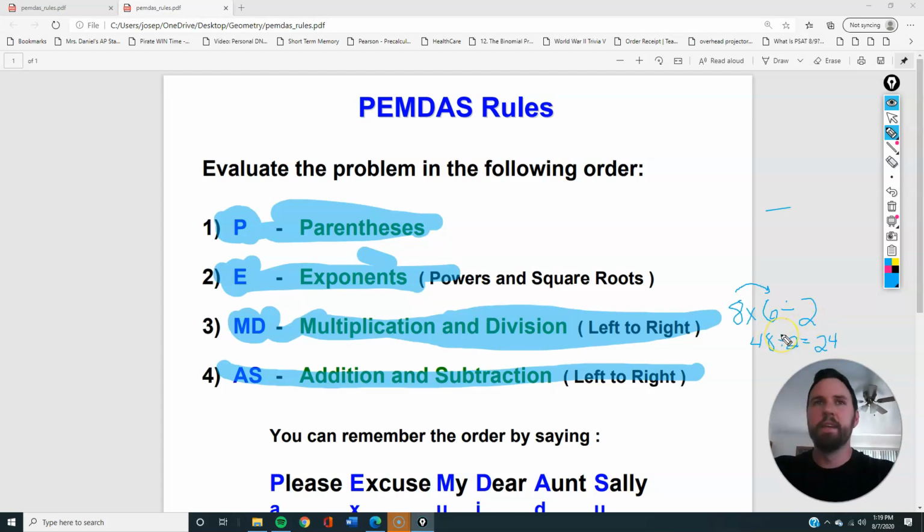Now, what's crazy, multiplication and division are commutative, which means order doesn't really matter. If you went 6 divided by 2, that's 3, and 8 times 3 is 24. That only works with these groupings. They're together. They're the same thing. Okay?